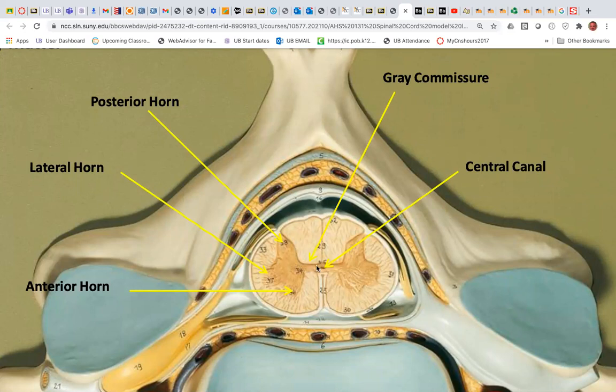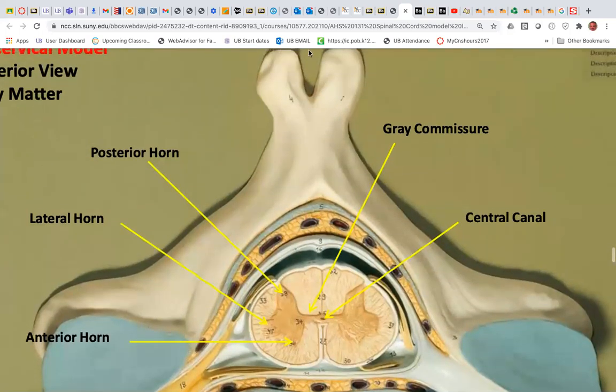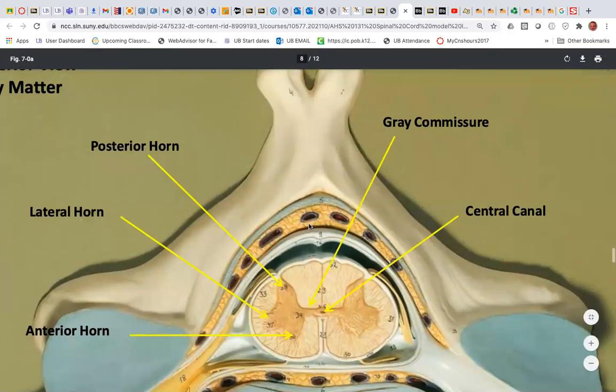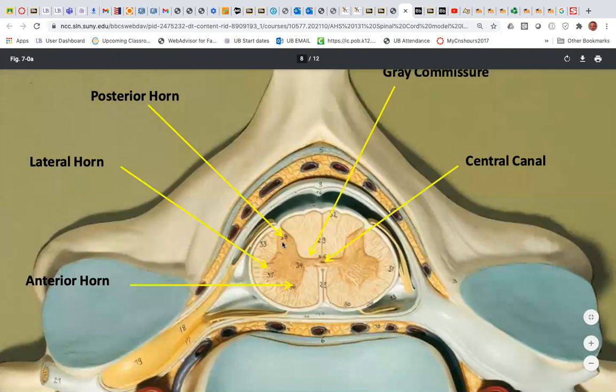All right, so now when we look at the gray matter or the butterfly, we'll see that we have some pointy, prominent structures. There's one in the back, there's one in the front, and there's one in the side. We call these horns. So we know that the spinous process is back here, so this would be the dorsal horn or posterior horn.